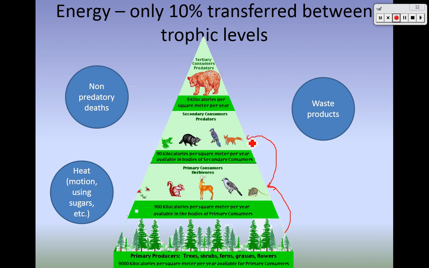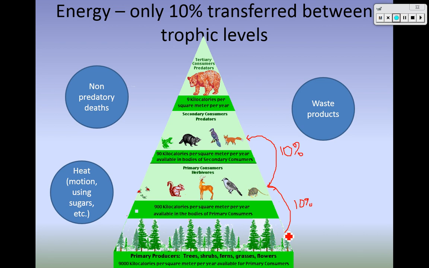So if you think about it this way, right, 10% of the energy is transferred between the producers and the primary consumers, and then 10% is transferred between the primary consumers and the secondary consumers.